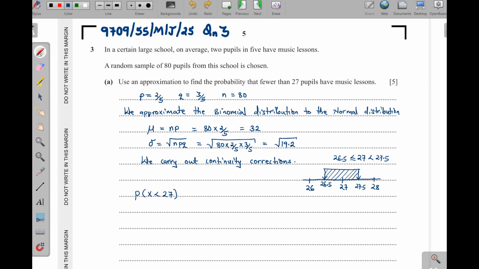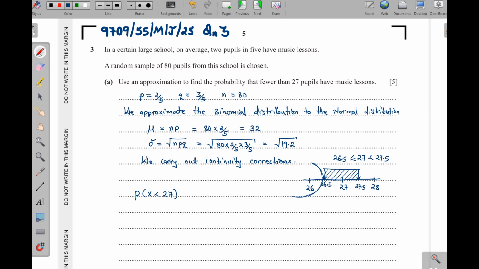Now, when we are doing continuity corrections, we are either taking the lower bound or the upper bound, okay? So if this one is less than, that means when we get those values and we round them off, what we get is below 27. That means we have to get this region here below this 26.5.